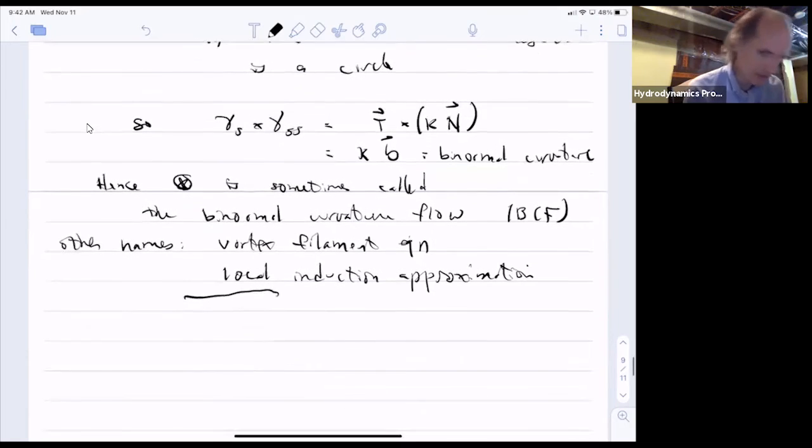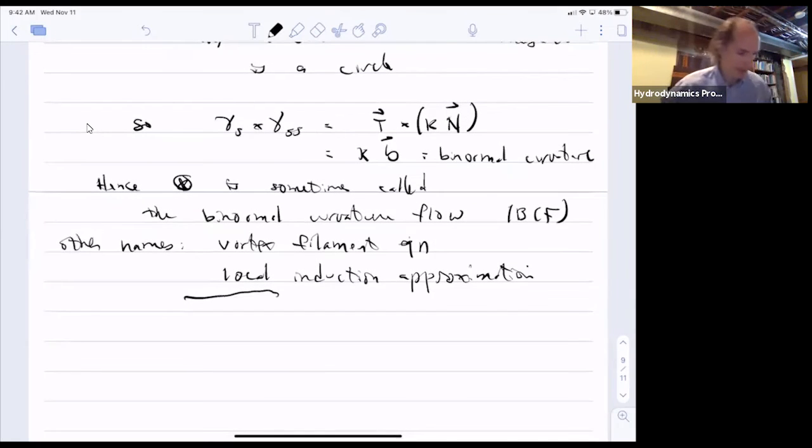So there's a remarkable property. In order to say more about the conjectural connection between the Euler equations and this geometric evolution problem, I'm going to spend some time talking about properties of the binormal curvature flow.